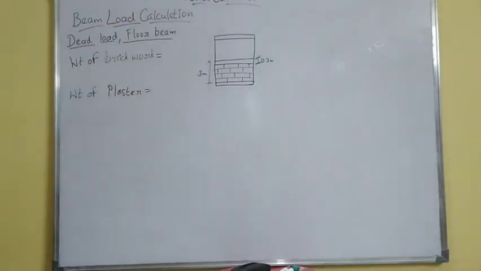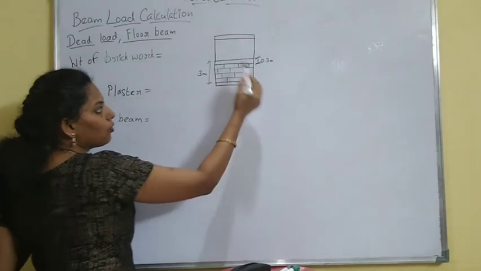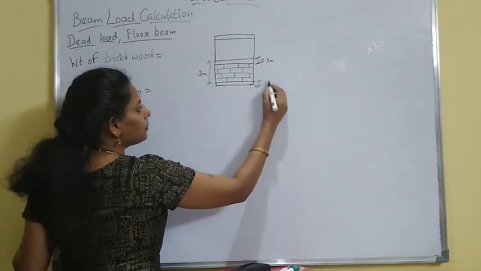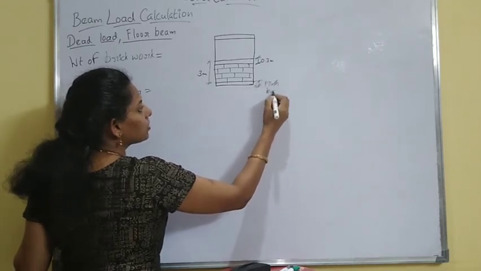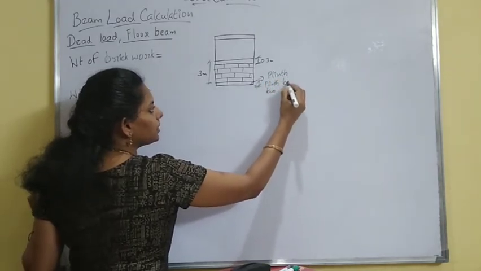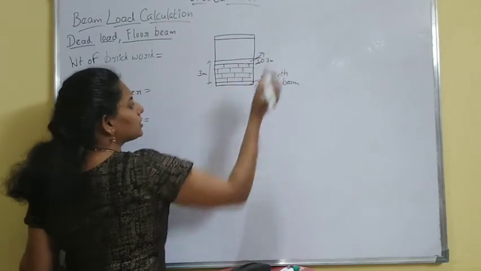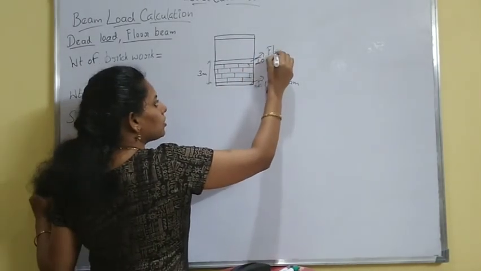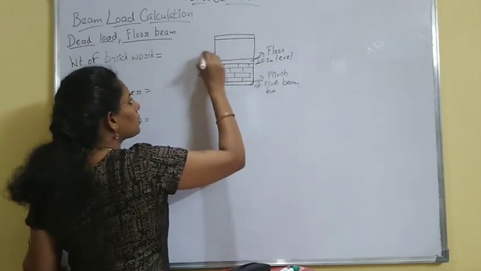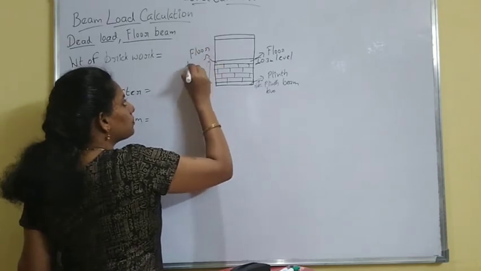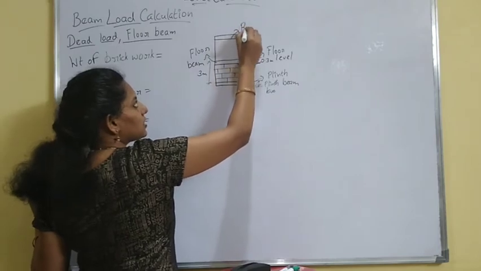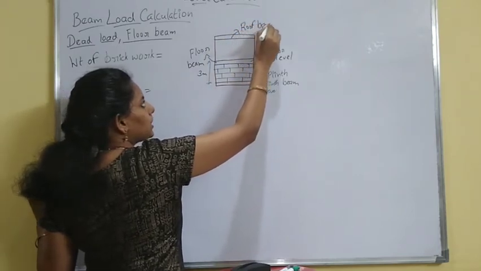Next is beam load calculation. The load is nothing but the wall construction. Suppose this beam is at plinth level, so this is the plinth beam, and this one at floor level is the floor beam, and the top level beam is the roof beam.